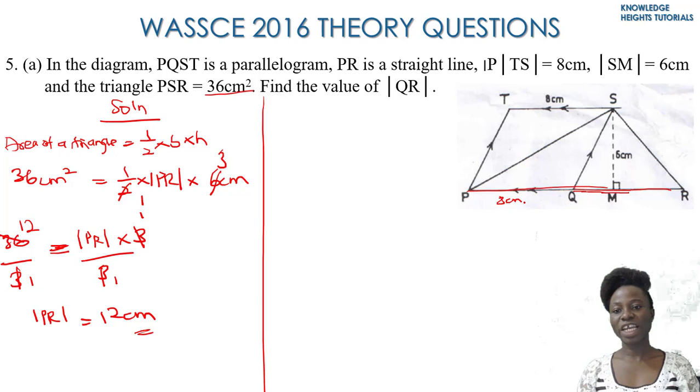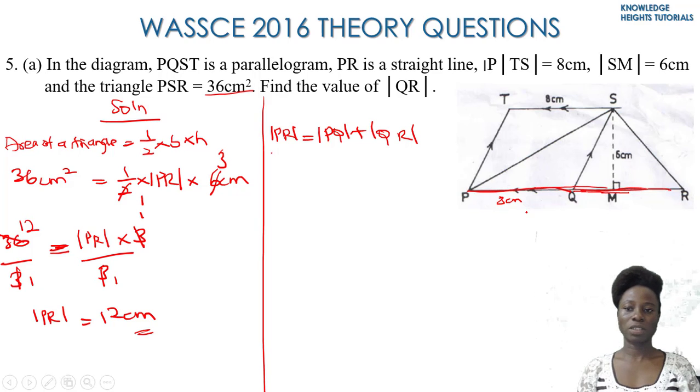However, we are supposed to find line QR, not line PR. So how do you find it? You can see that line PR is equal to line PQ plus line QR. So this plus this gives us the whole of line PR. But we are finding line QR.